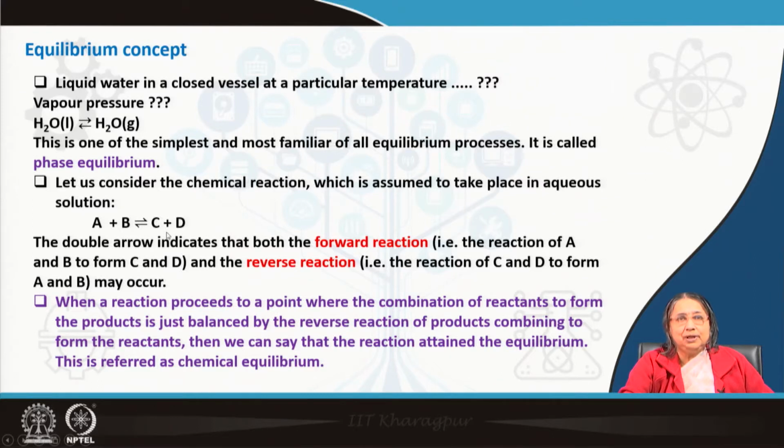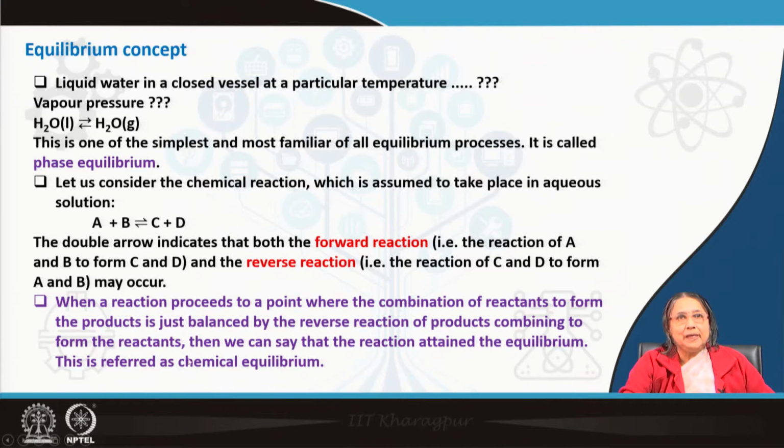Now, what is equilibrium? In the earlier case it was phase equilibrium, but in this case we will call it chemical equilibrium. What is chemical equilibrium? When a reaction proceeds to a point where the combination of reactants to form the products is just balanced by the reverse reaction of products combining to form the reactants, then we can say that the reaction has attained equilibrium.